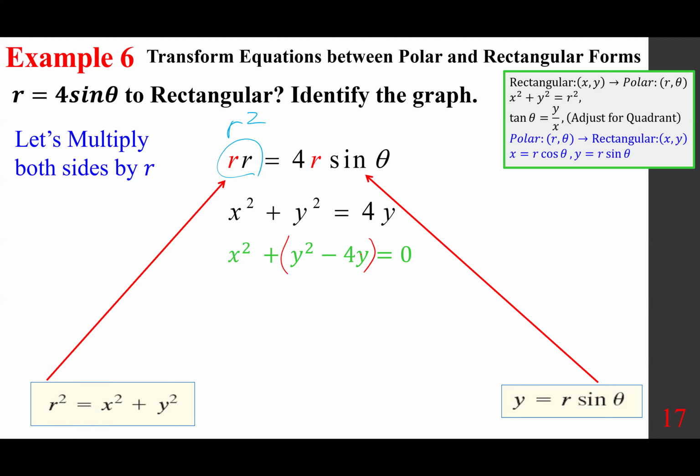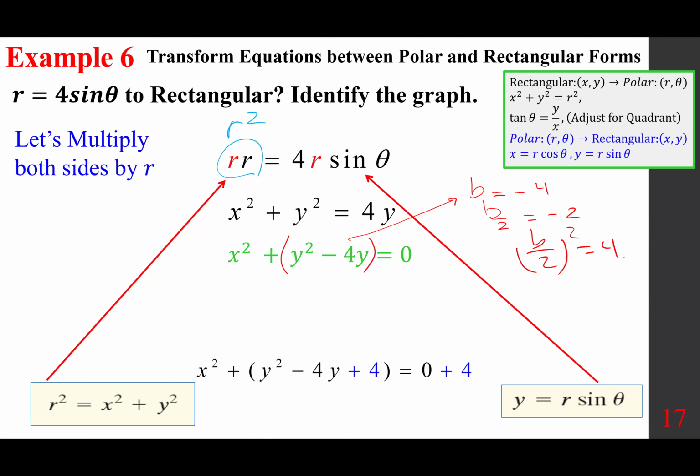We put these two together and we are going to complete the square. Notice b is minus 4. I hope you remember completing the square. Divide b by 2, you get minus 2. And if you square that, you get 4.